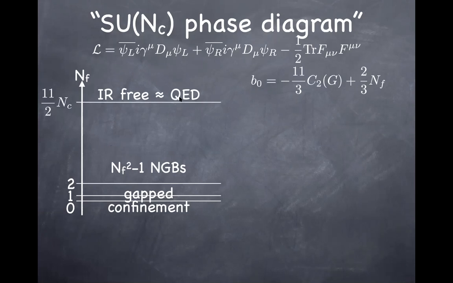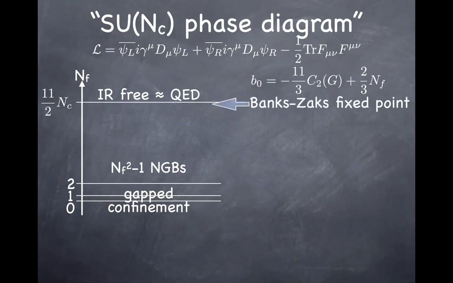So that will be very similar to QED. The beta function is positive. As you go to longer and longer distances, the coupling constant becomes smaller and smaller, and there is no sense of strong coupling or confinement. This is the regime we call the infrared free theory. So if we have a large enough number of flavors, we expect the theory to become infrared free.